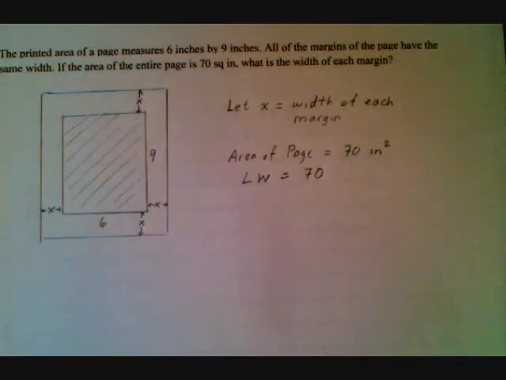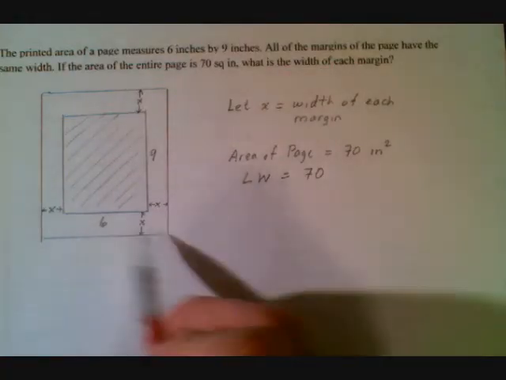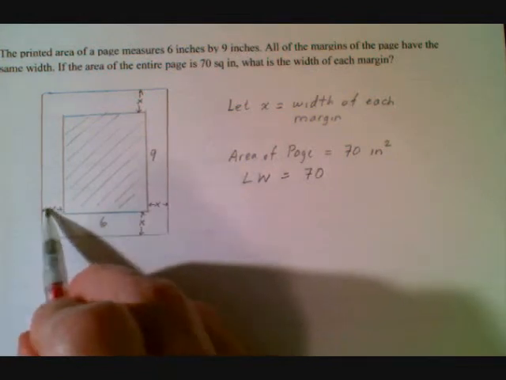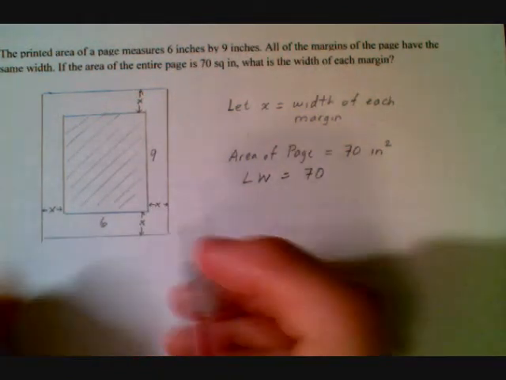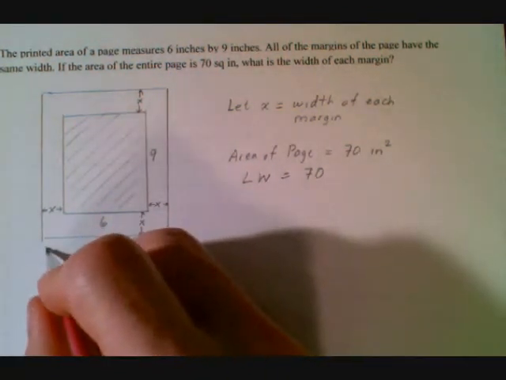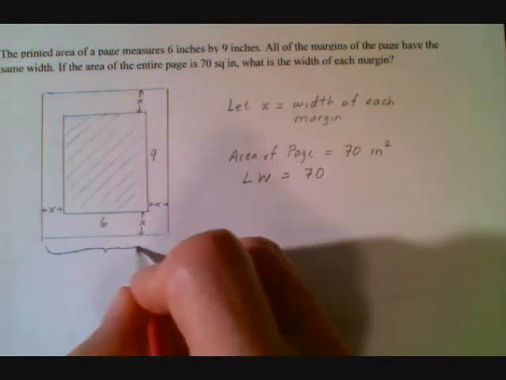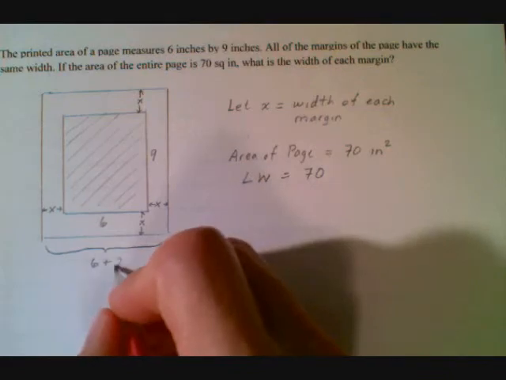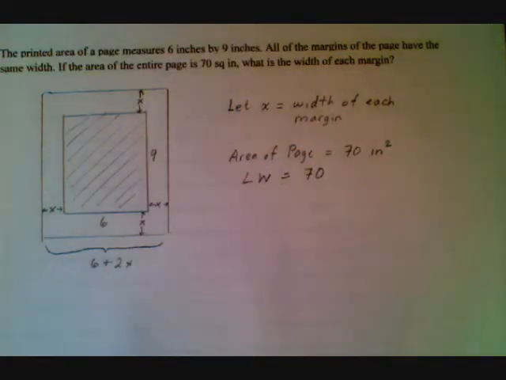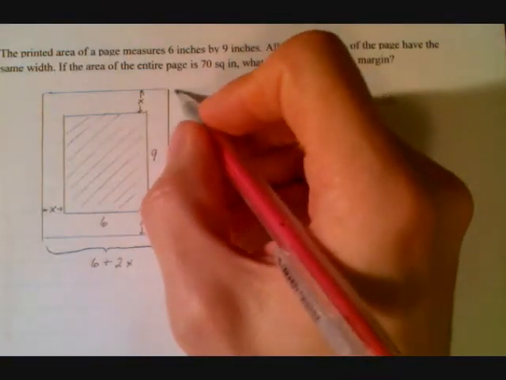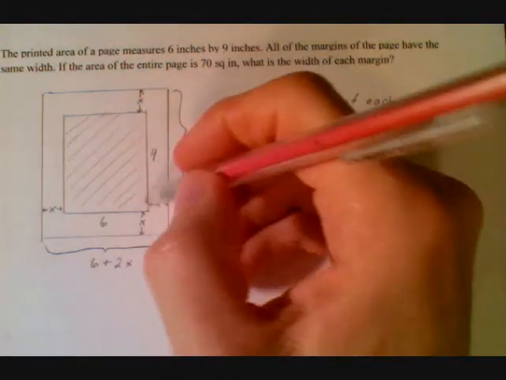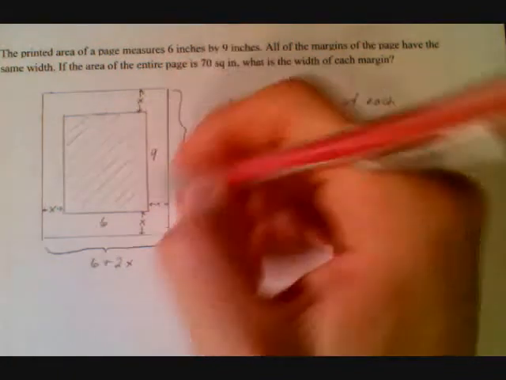Either or. In this case, let's call this the width. The width of the entire page is going to be 6 plus x, which is, let me highlight that, 6 plus 2x. And the length is 9 plus x, which is 9 plus 2x.